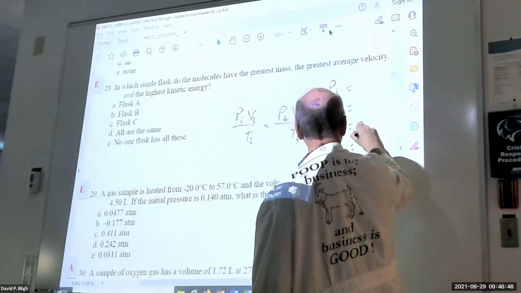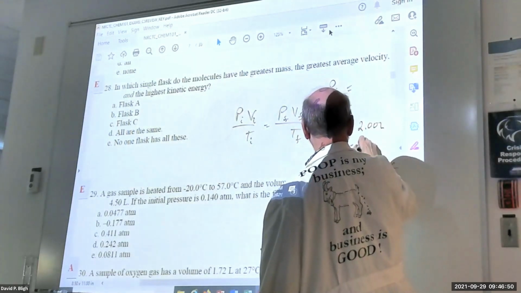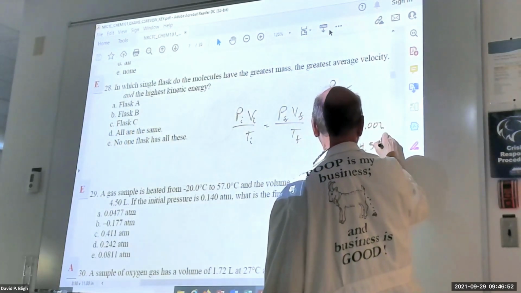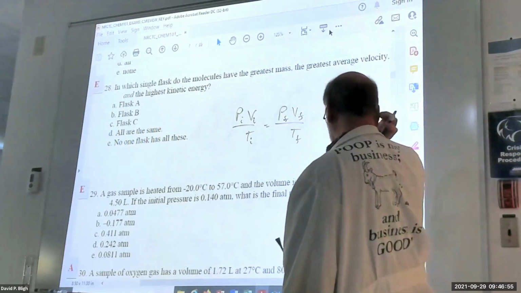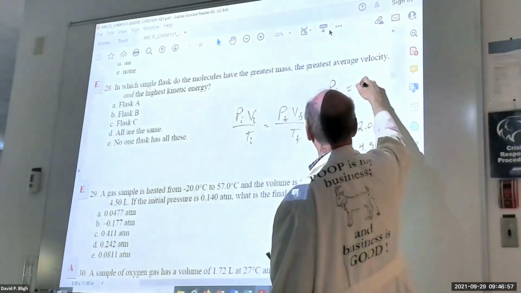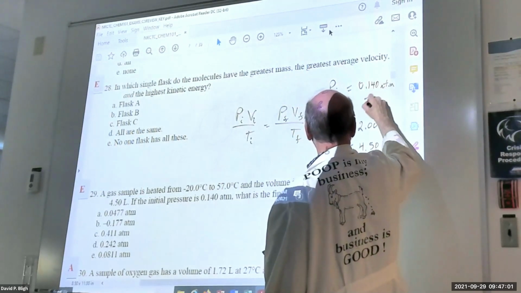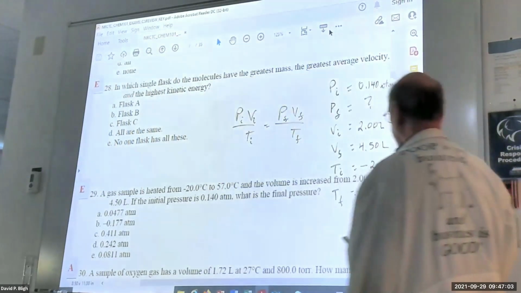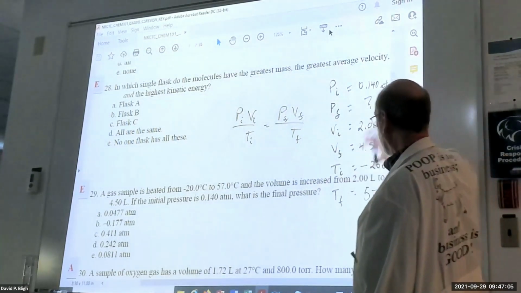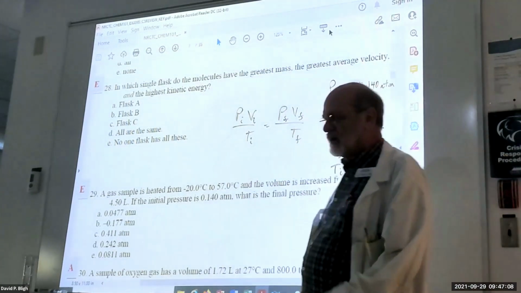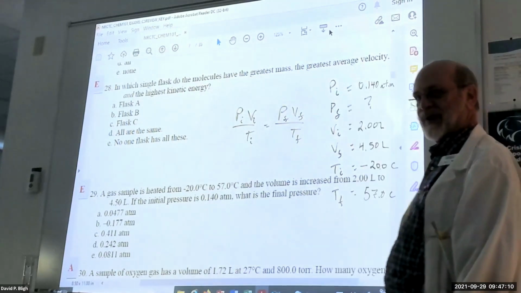So initial volume is 2, 4.5 final. Okay. And initial pressure is 0.14 atmosphere. That's our unknown. So now that we have everything in its proper place, we can plug it in the formula, confident that we'll get the right answer.